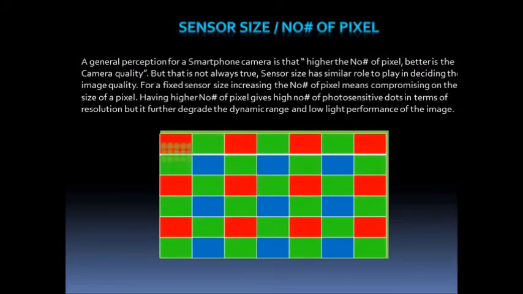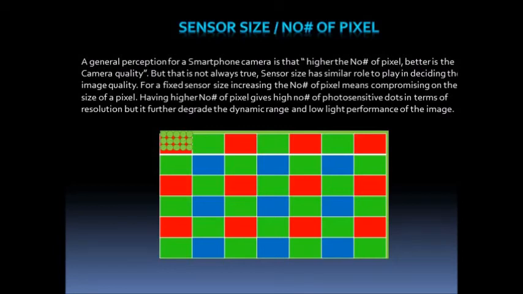Then similarly one pixel can hold here 3 into 5, 15 electrons per unit time. When I say unit time, we should be thinking in microseconds or milliseconds. So in 1 millisecond it is able to hold 15 electrons. So for 15 milliseconds it will be able to hold 15 into 15, 225 electrons.